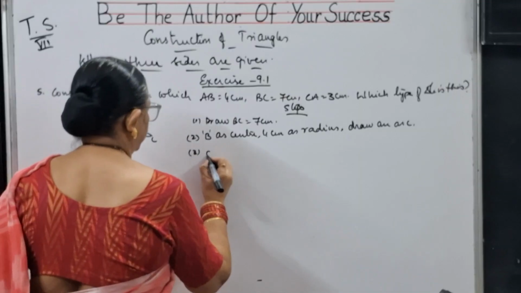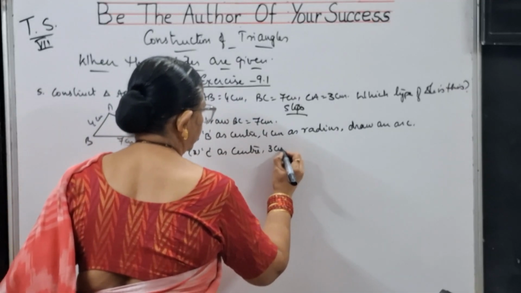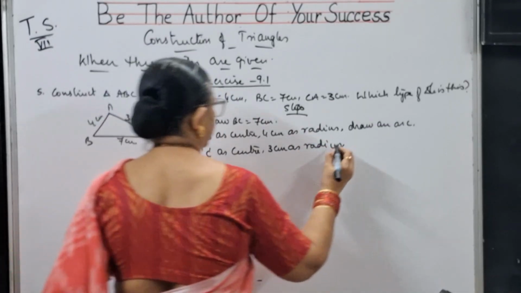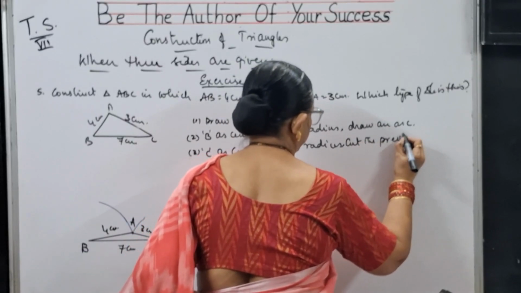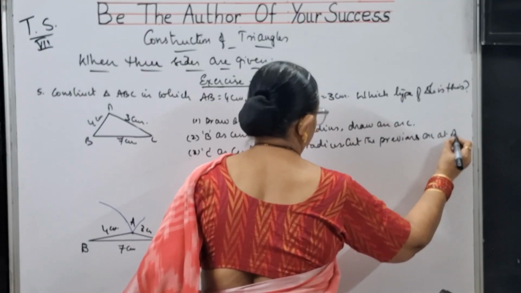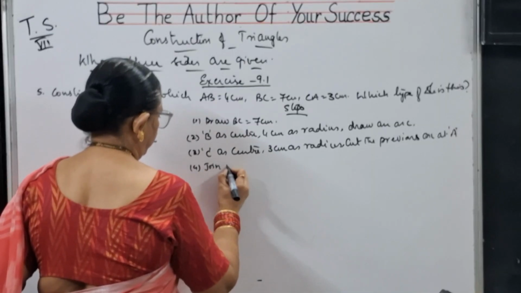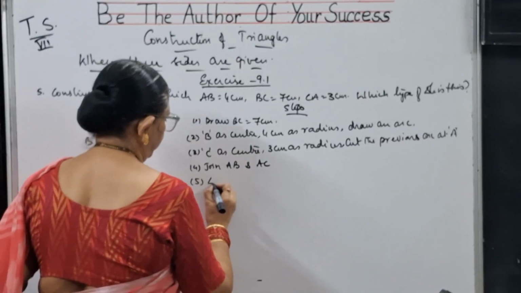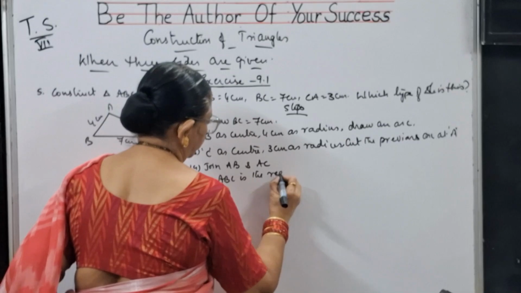Next point, C as center, 3 centimeters as radius, cut the previous arc at A. Fourth one, join AB and AC. Fifth point, triangle ABC is the required triangle.